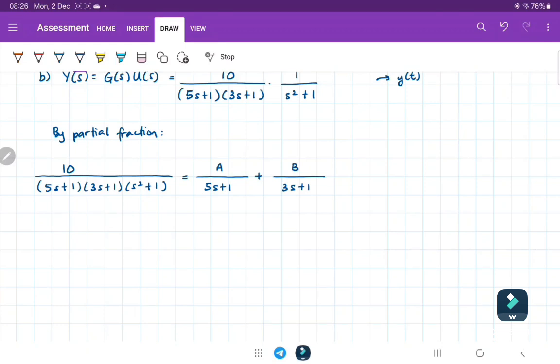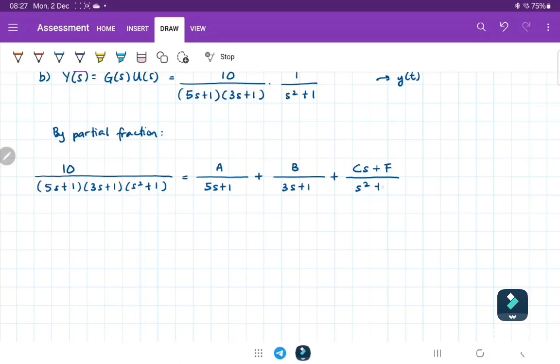Now since we have a quadratic factor, s squared plus 1, when we do a partial fraction the numerator should be written like this: Cs plus, you can put D, but I don't want to put D because most of the time D represents denominator or differentiation, and E most of the time refers to error, so I'm going to put F. It's really up to you as long as you're comfortable.